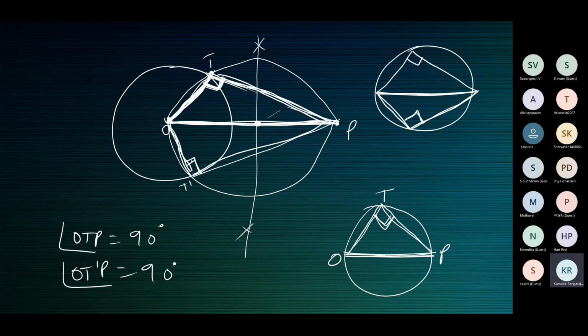Now, after getting this is 90, go back to the circle with center O and say that OT dash is the radius, and the radius is making 90 degrees with T dash P, or PT dash. That means PT dash is a tangent to the circle.